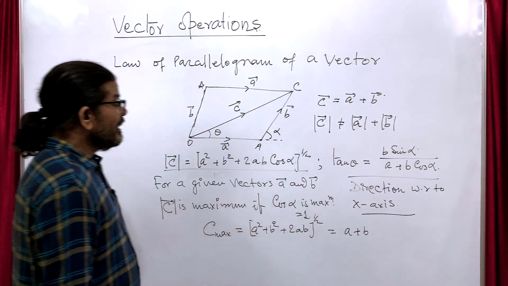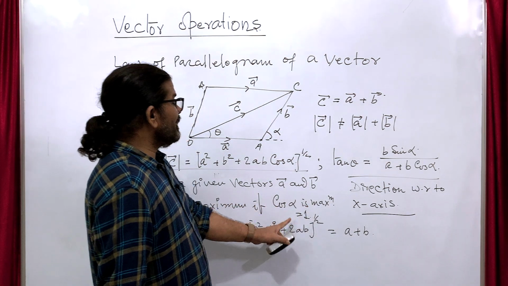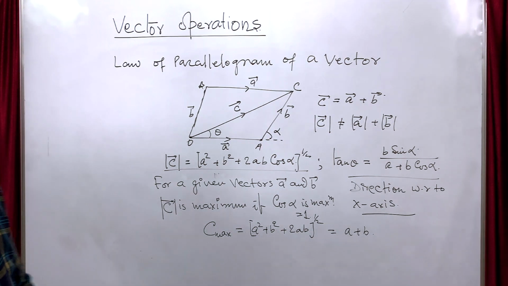It means when cos alpha is equal to 1, alpha is equal to 0 degree.